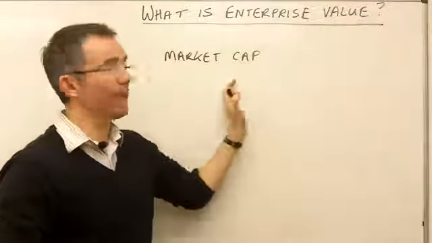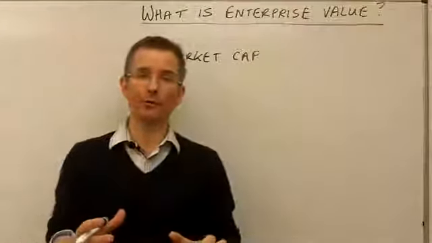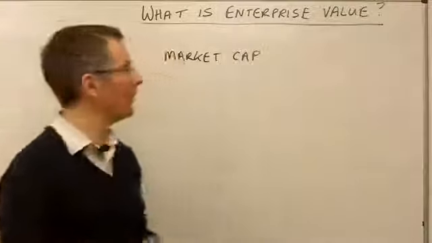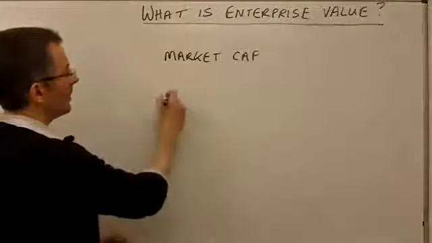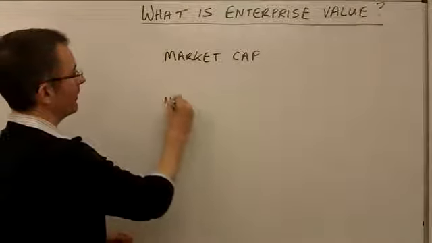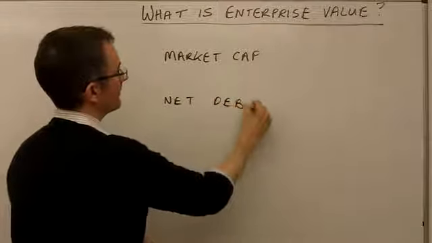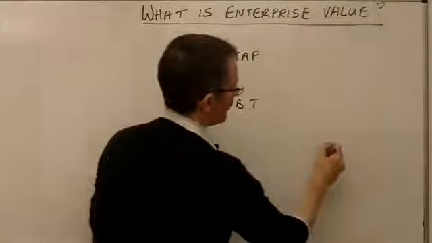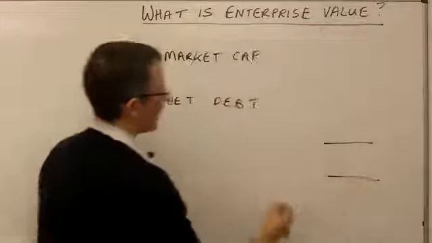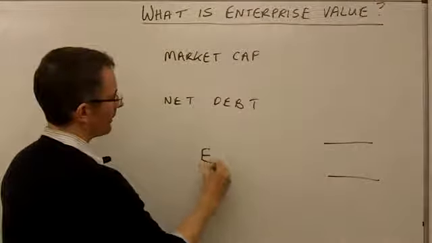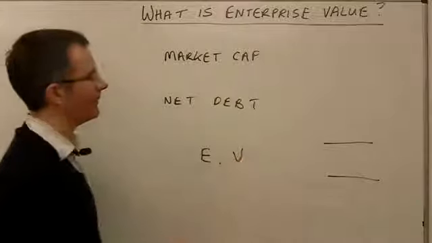That's a good starting point. That tells us the value of the equity contribution from shareholders. And then we want to add on to that the contribution of banks and lenders, known as net debt. And if we add those two together, we'll come up with the total enterprise value.